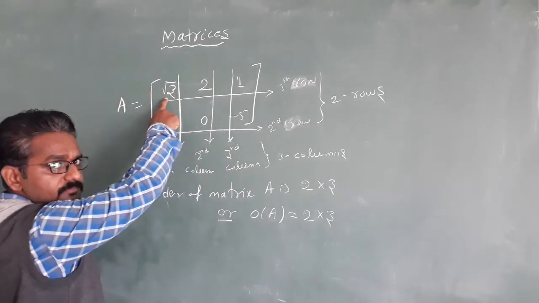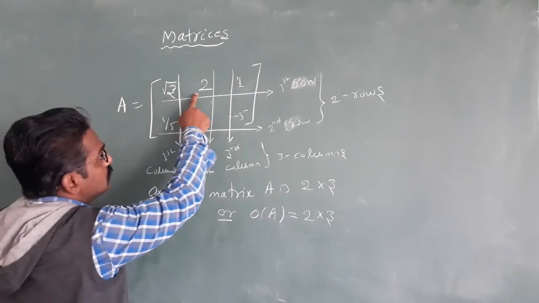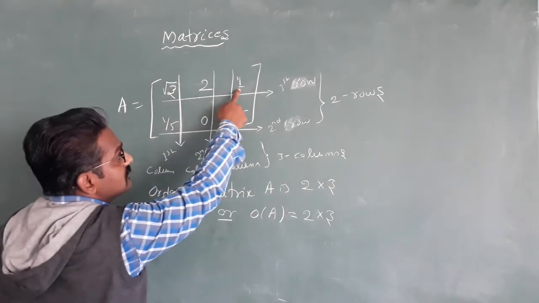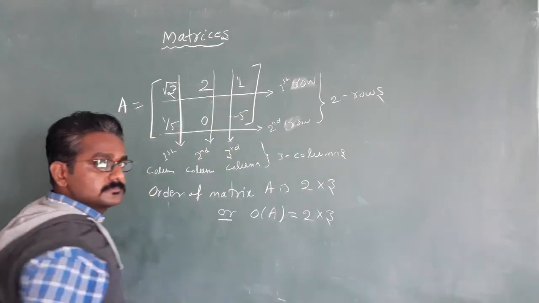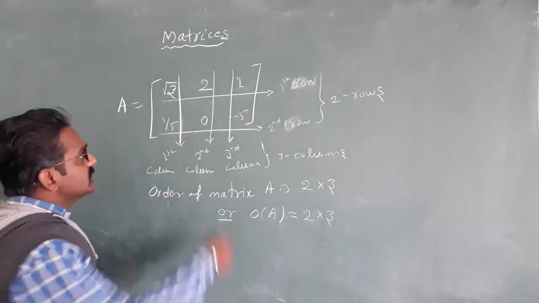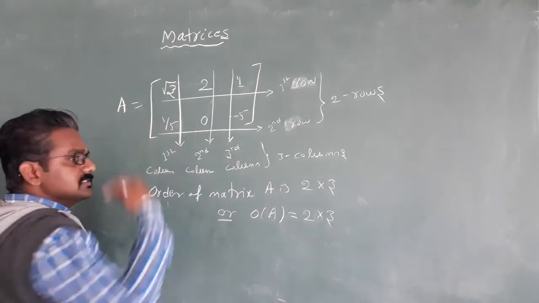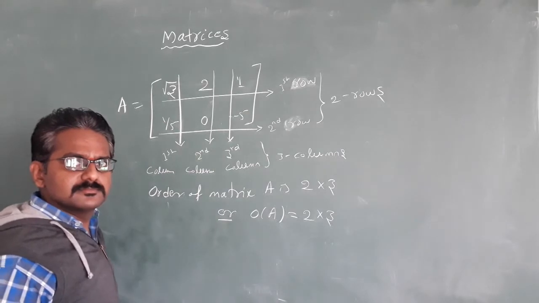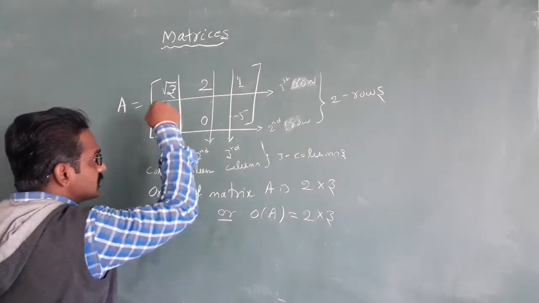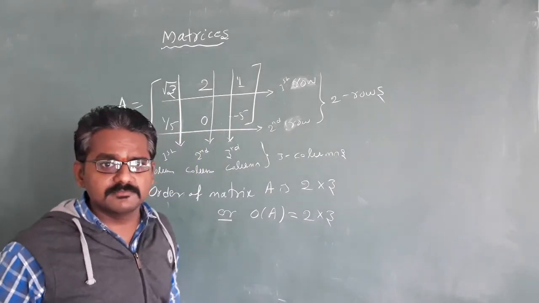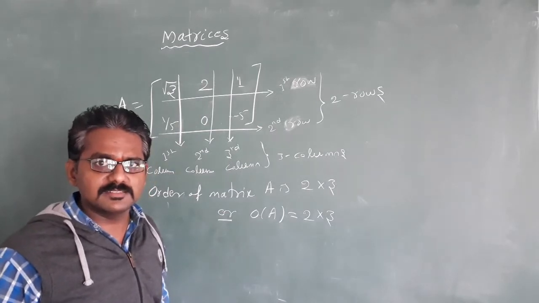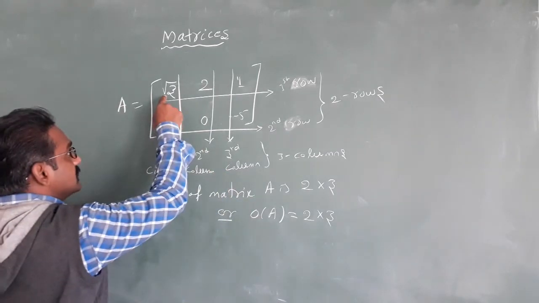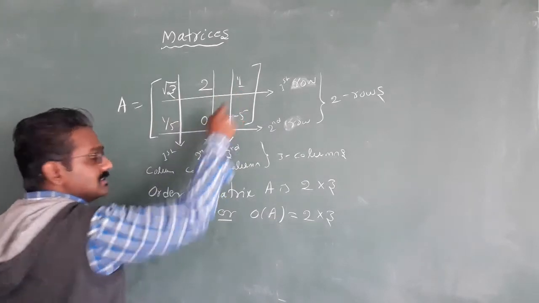Here root 3 is the first element, 2 the second element, 1 the third element. I said this, but you may say this is the first element, this is the second element also, because 1 by 5 is also an element of the matrix A itself. Isn't it? Okay. Why do we say this is the first, this is the second, this is the third?